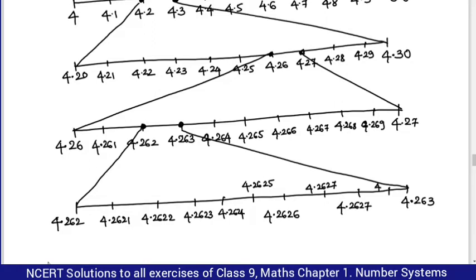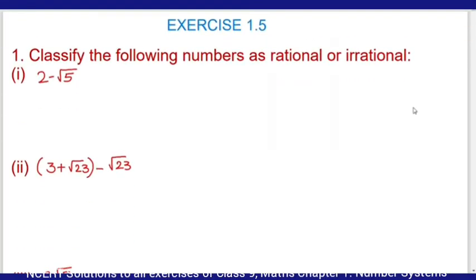After marking these points, now we have to mark 4.2626, which is the required answer.